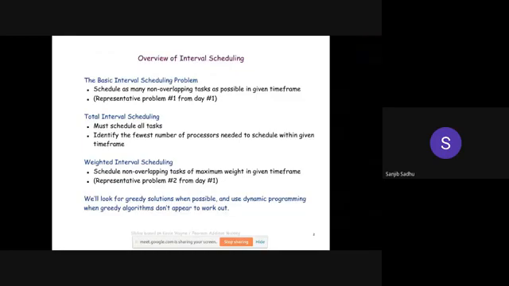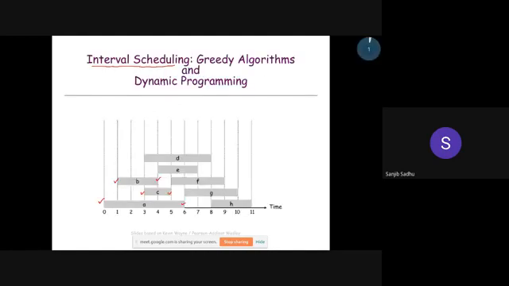You may assume that we have to schedule as many non-overlapping tasks as possible in a given time frame. Our objective is what? I have only a given CPU, only one machine is there, and I have been given some jobs.